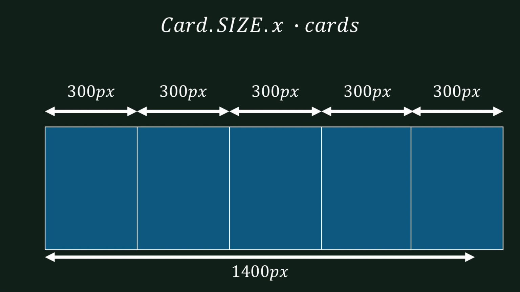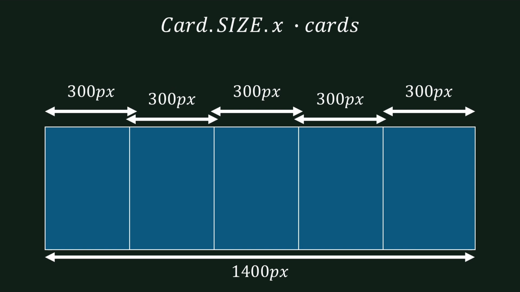What can we do in this case? We cram them together by overriding the default xsep value. We use a formula which makes sure that the resulting combined size of the cards becomes equal to the hand's width. Note that we didn't shrink the cards, they are still 300 pixels wide, we just made them overlap a bit with a negative x separation value.